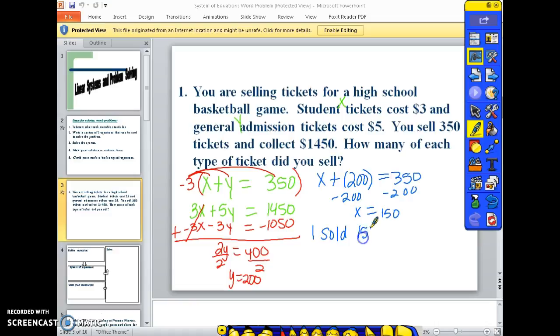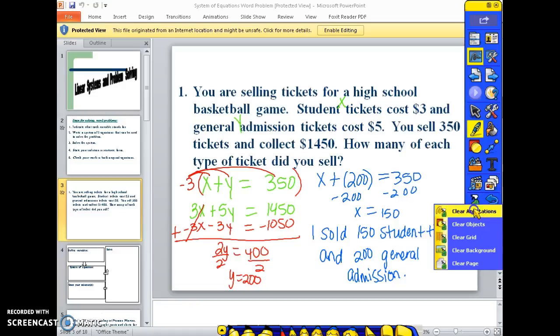I sold 150 student tickets and 200 general admission. So that's what you have to do. You have to identify your variables, create two equations, and then solve using either substitution or elimination.